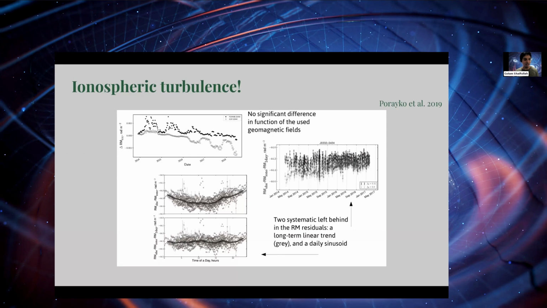This is incredibly hard and requires a lot of monitoring. And eventually, we will need to work with people who are looking very closely at the ionosphere itself using independent techniques.